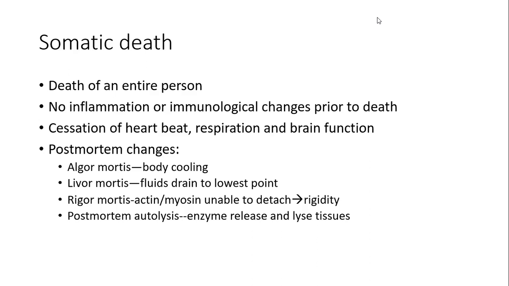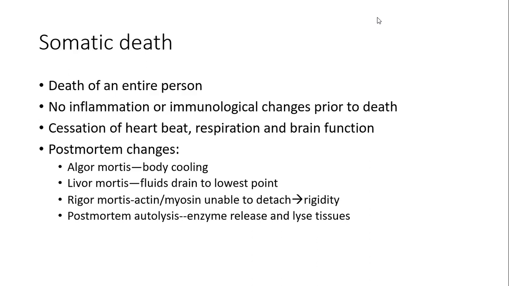Algor mortis, which is body cooling. Livor mortis, which is when the fluids drain to the lowest point, and there's sort of a purply color to the tissues in the lower parts of the body. Rigor mortis is when the actin-myosin connections are unable to detach. That results in rigidity.